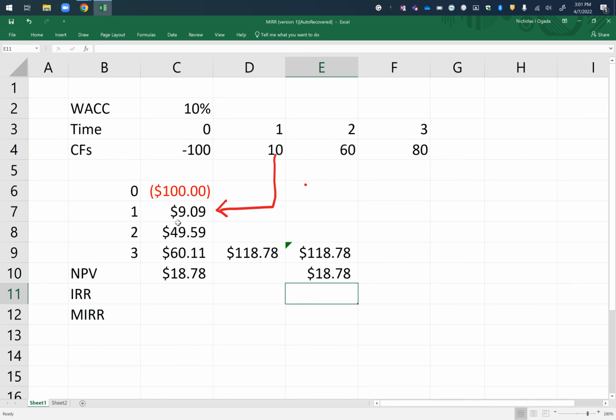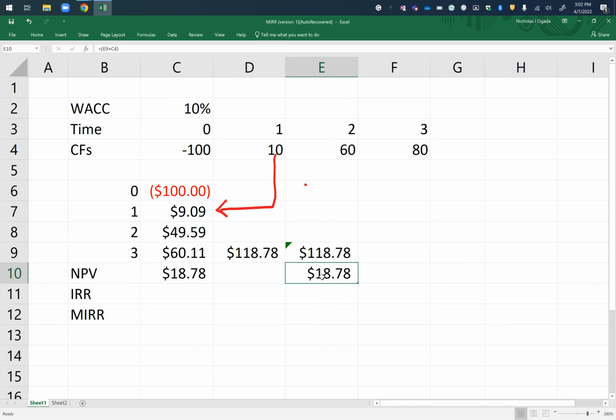The shortcut is, first of all, to find the net present value of the inflows, and then add that value to the initial outflow, and that will give you the net present value. So just be careful. If you're going to use the second route, you're only finding the net present value of the inflows, year one, year two, year three, and then add it to your initial outflow, or initial investment.